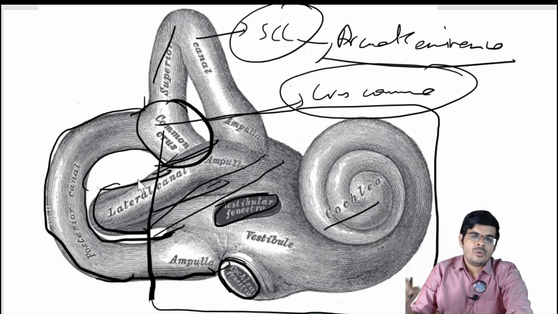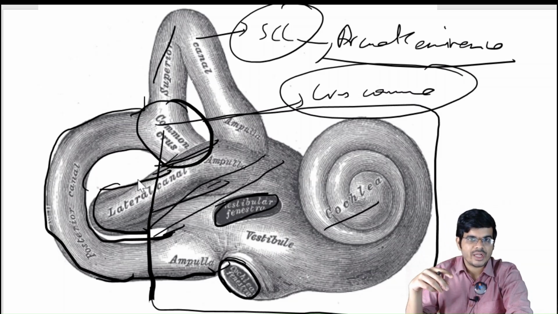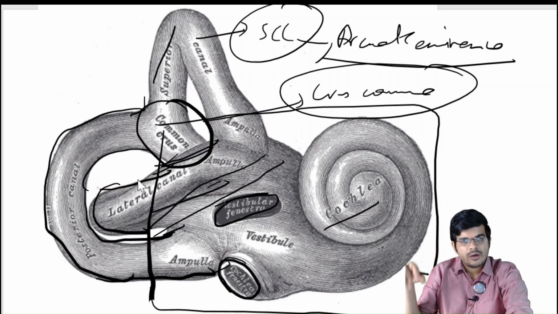Now, where else have you heard about the vestibule? Vestibule is seen also in the nose, and in the oral cavity you have another vestibule. In the larynx you have another vestibule. So in ENT itself you have 4 vestibules. Don't get confused between these. In the inner ear, vestibule means the part of the bony labyrinth housing the utricle and saccule.